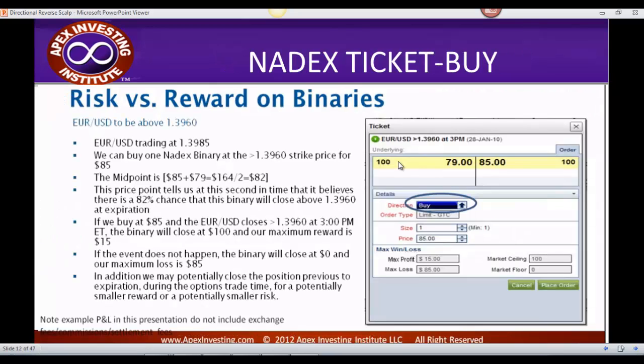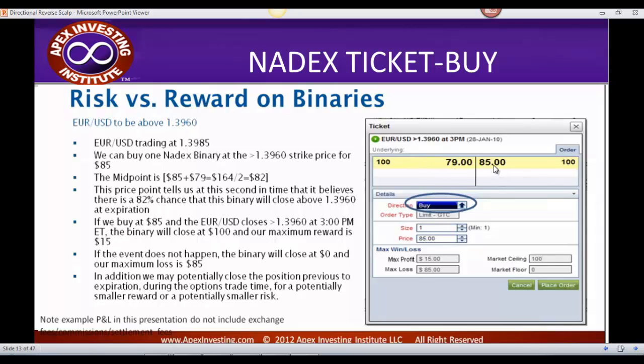Okay? So, if you're actually placing a trade on the Nadex platform and you select a particular binary and click on it, an order ticket will pop up. And it'll tell you right there on the order ticket your max profit and max loss. So on this particular example, the right hand side is the buy side, the left hand is the sell side.